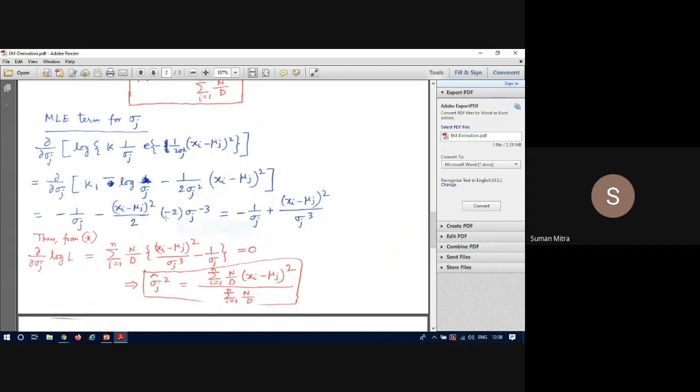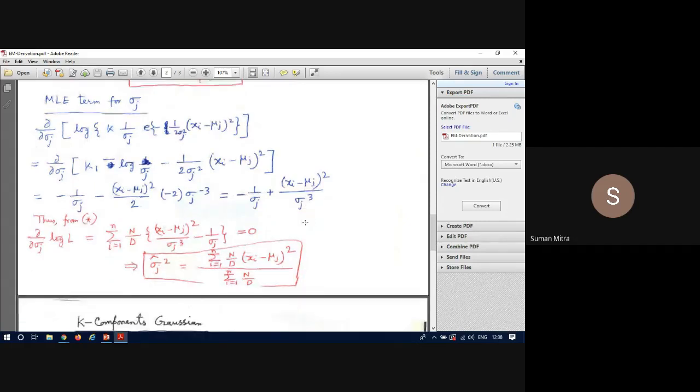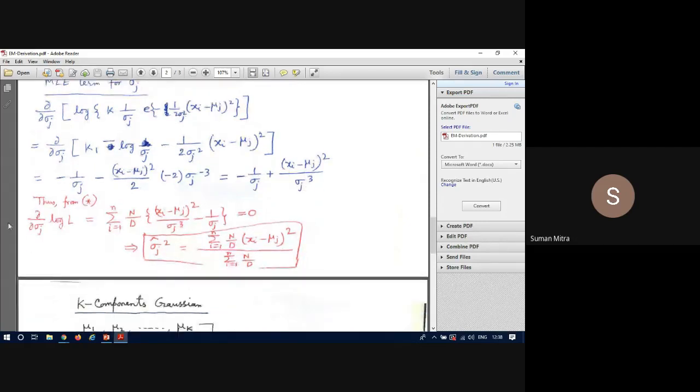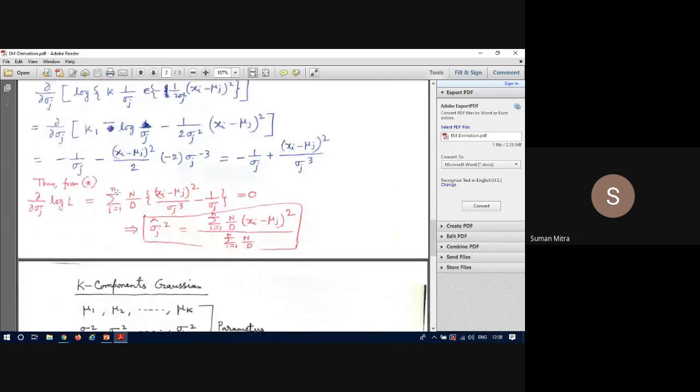Sigma j square gives minus 2 sigma j to the power minus 3. So again from the star, del sigma j log n is summation i equal to 1 to n by d and this value. Then again I solve for sigma j, which is this one. Now you see, this is again the weighted variance, and the weight is n by d.